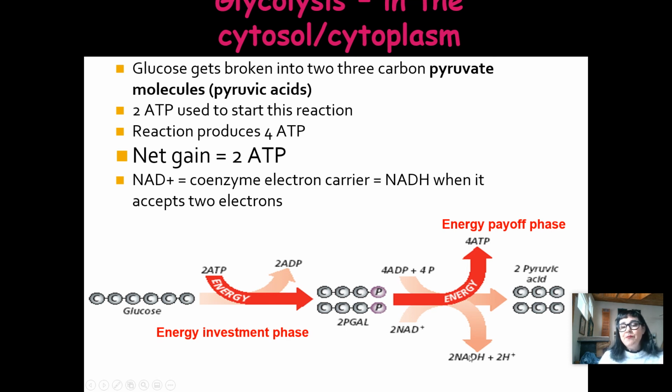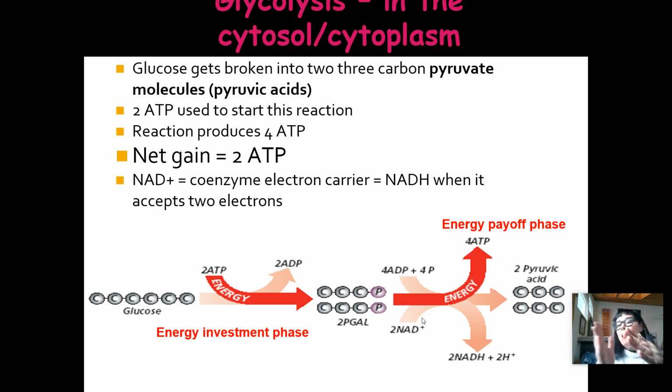All right, next. You'll see here that we have 2 NAD plus that are going to be released. Now, where does that come from? We have these coenzyme electron carrier molecules. So NAD is an electron carrier molecule. And when it accepts those high energy electrons, it's also going to be accepting hydrogen.